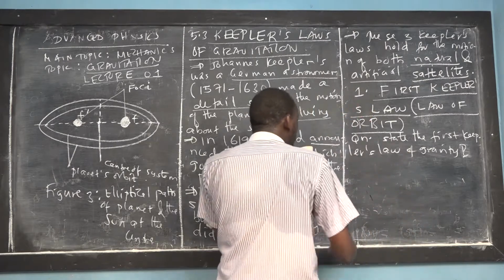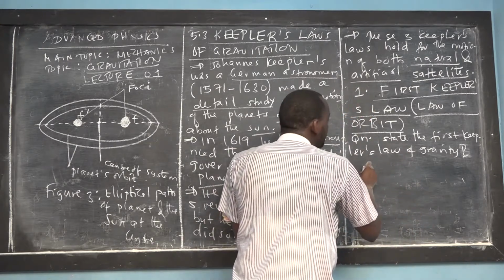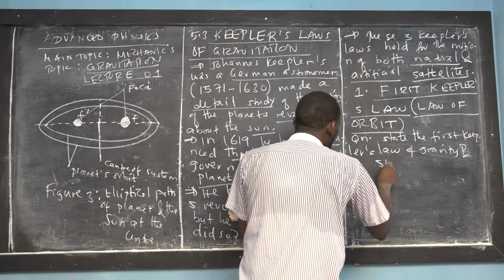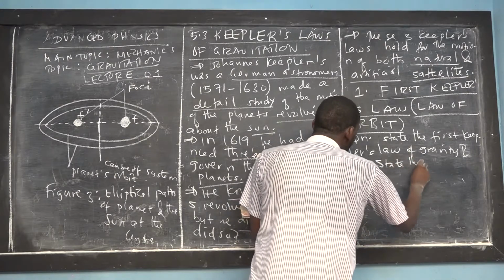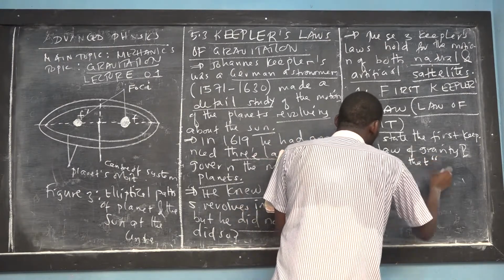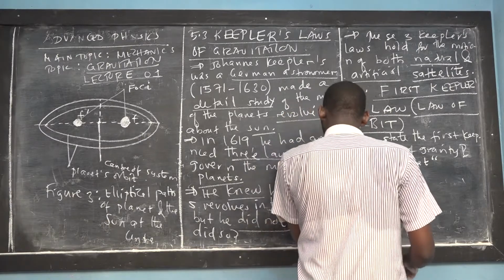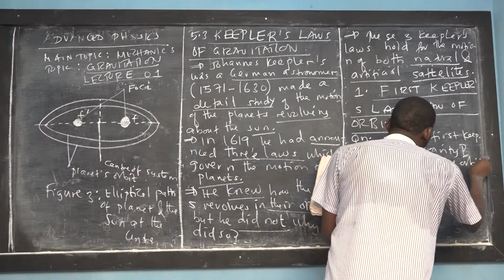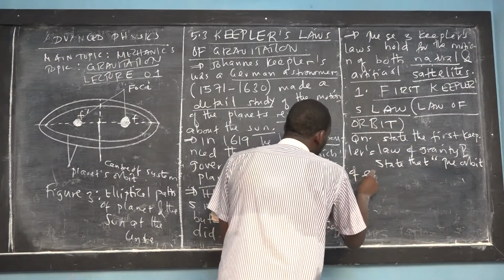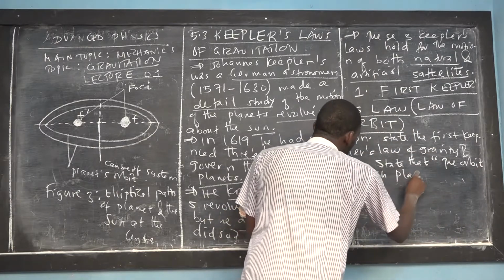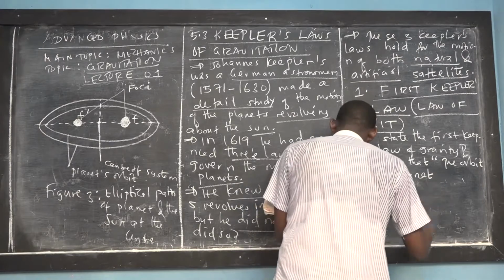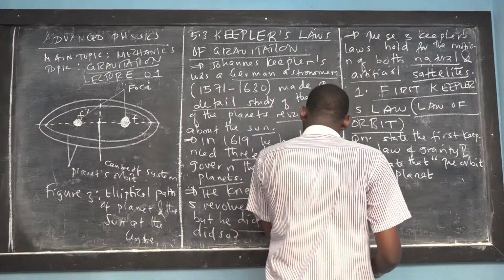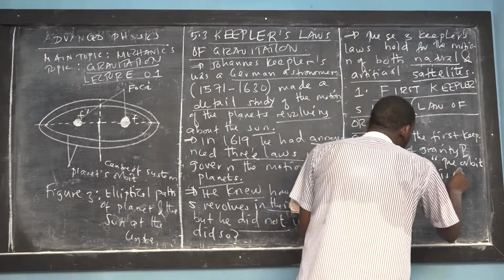First Kepler's law states that the orbit of each planet is an ellipse.